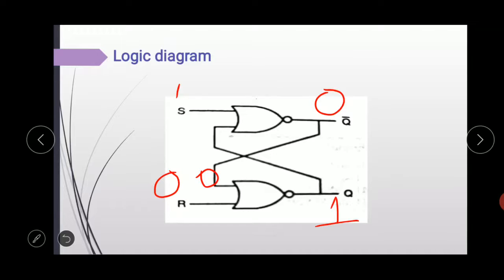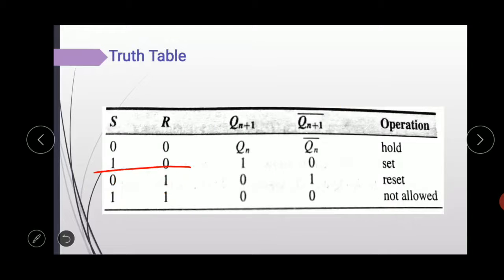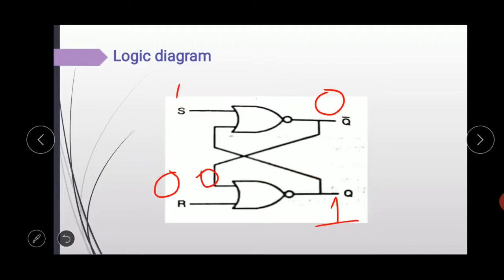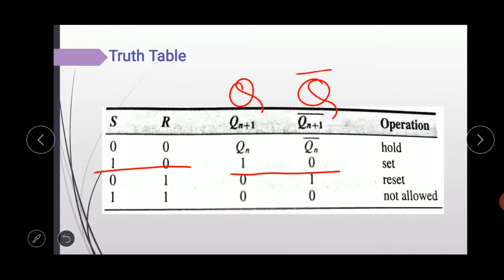So for the combination of 1 and 0, at the output we get 1 0. This one is Q, this one is Q bar. So see here, Q is 1 and Q bar is 0.